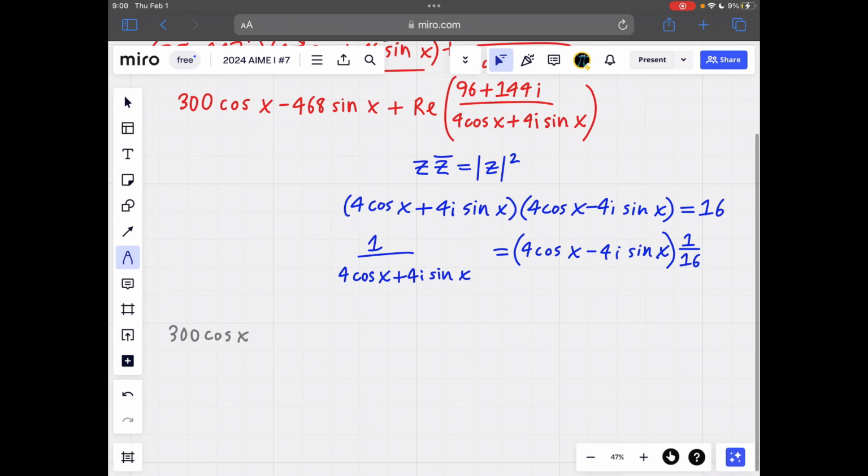300 cos x minus 468 sin x plus the real part of 1/16 times (96 + 144i) times (4 cos x - 4i sin x).